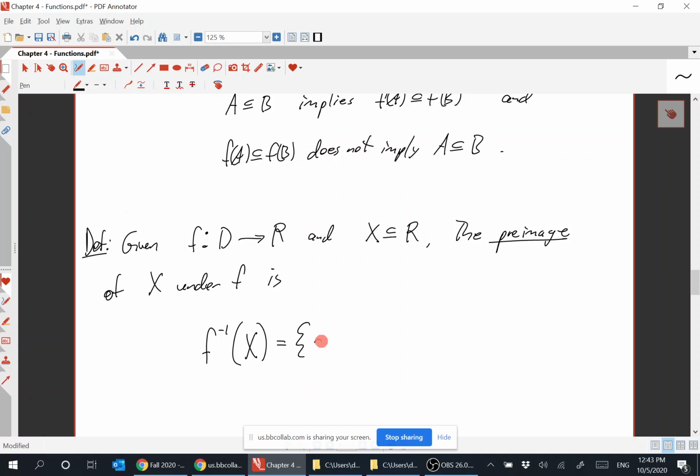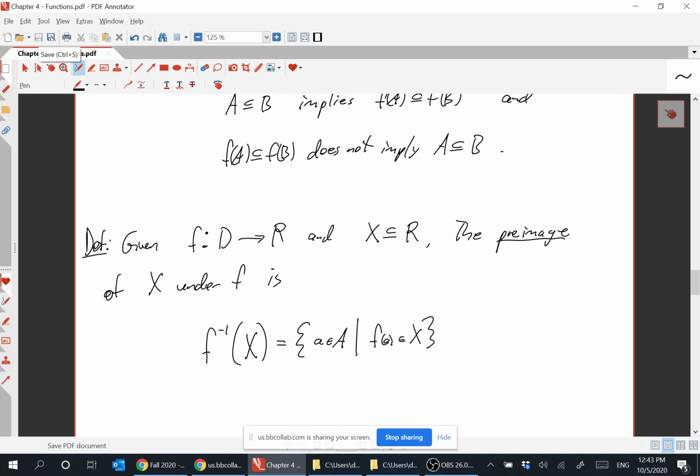It's the set of all little a in A such that f of a is in X. So that's the pre-image of X under f.